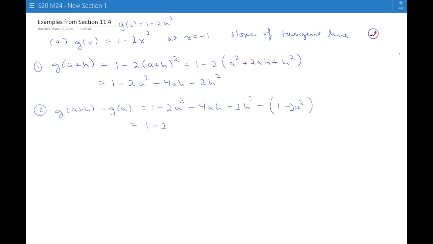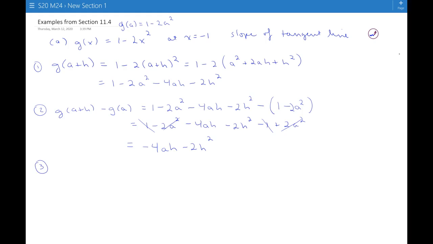So now I'm going to simplify. 1 minus 2a squared minus 4ah minus 2h squared minus 1 plus 2a squared. So the 1's cancel, the 2a squareds cancel. I'm left with minus 4ah minus 2h squared.